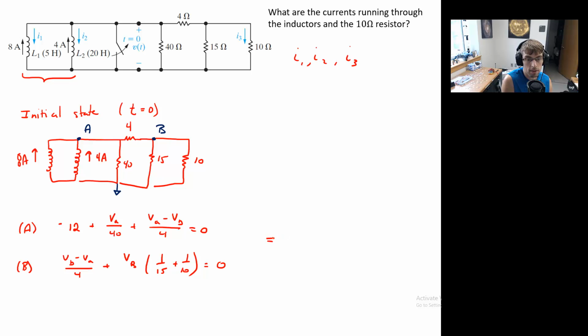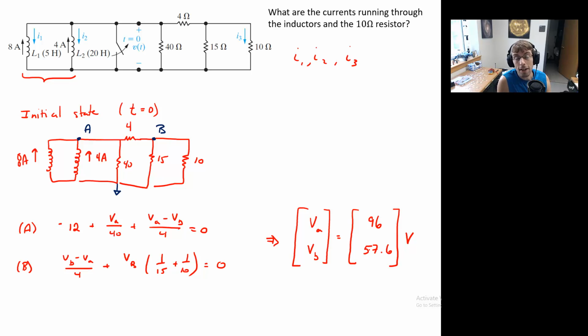When I plug this into my matrix and do the inversions, I get that VA and VB are 96 volts and 57.6 volts.